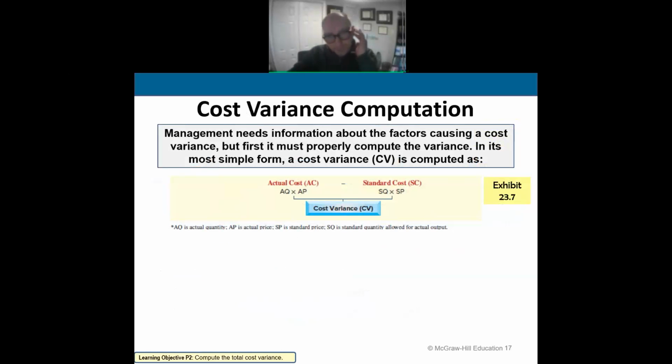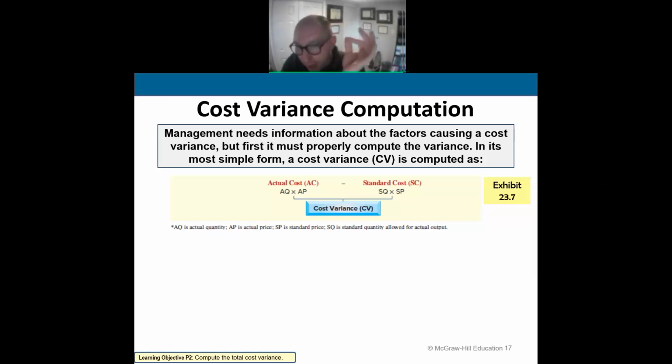So to calculate the cost variance, we take our actual cost minus our standard cost, where we came in at minus our budget. Actual cost minus standard cost. Now, how do we find actual cost? We take the actual quantity times the actual price.